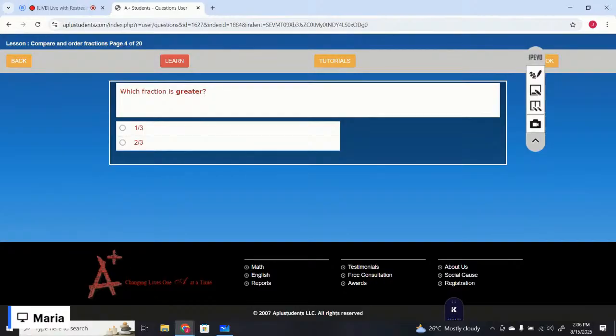So 2 by 3 is greater than 1 by 3 because in 2 by 3 we have two portions colored out of 3. So option number 2 is the correct option.